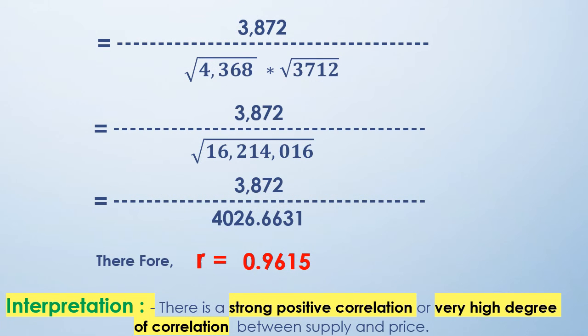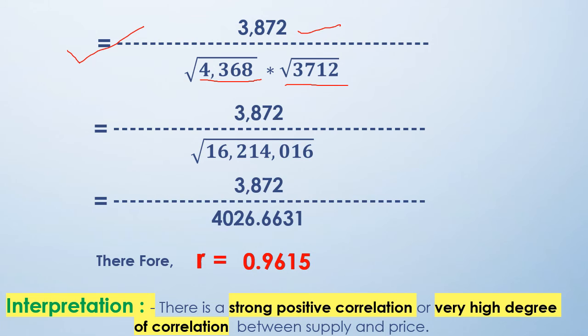So the next step: we simplified 3,872 upon positive square root 4,368 into positive square root 3,070,012.